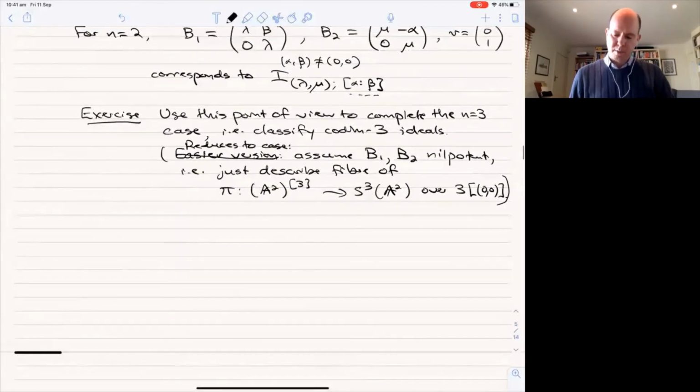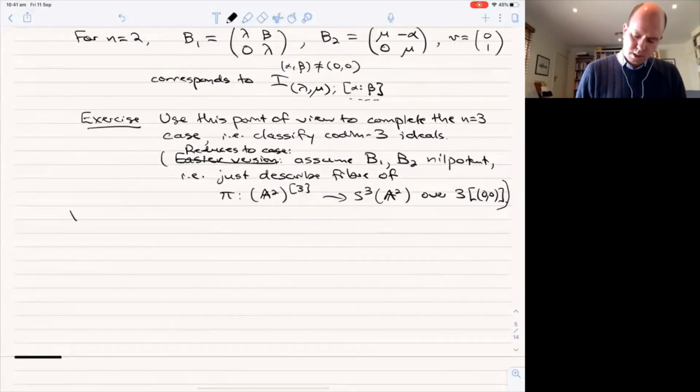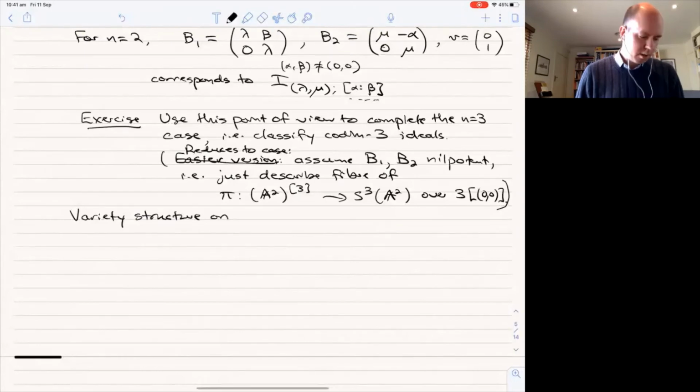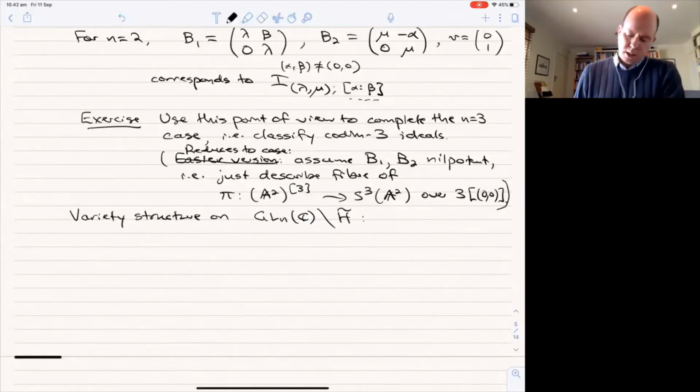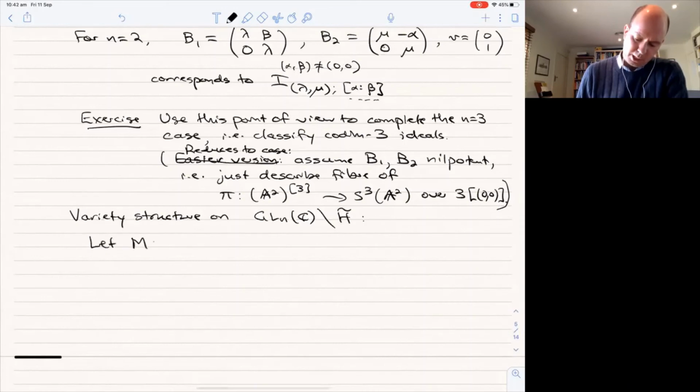So what I want to head to is the variety structure on this quotient of the GLNC action on H tilde. So firstly, we've got some vector space that we're working in, and I think I'll need a notation for it, so let me call it M. So this is the vector space of triples B1, B2, and V.